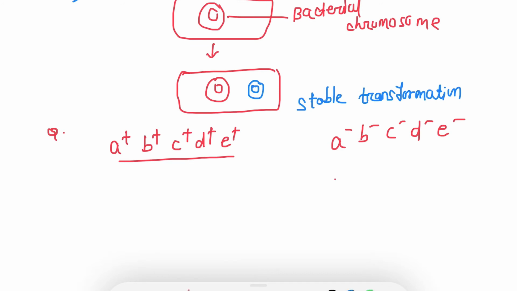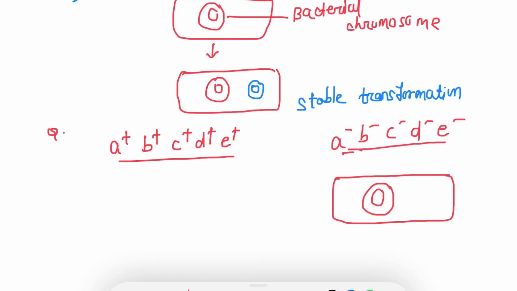Let's say this is the bacteria, mutated for all the genes A, B, C, D, E. Then this strand of DNA isolated from the other bacteria is transformed into it.